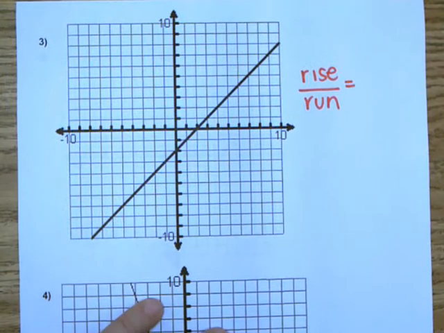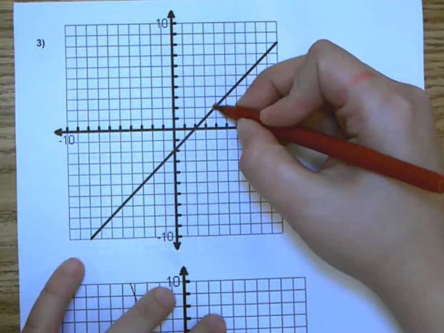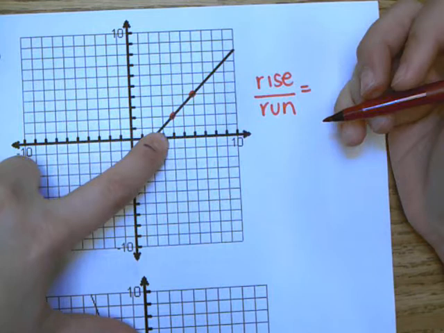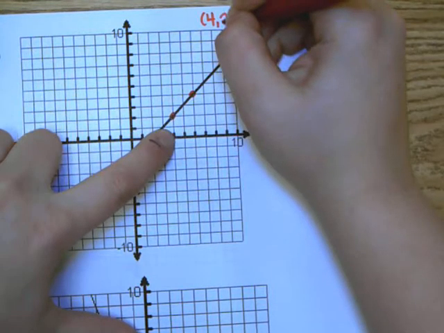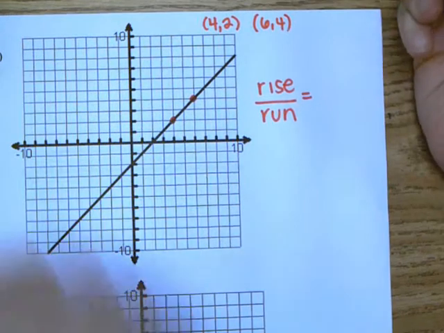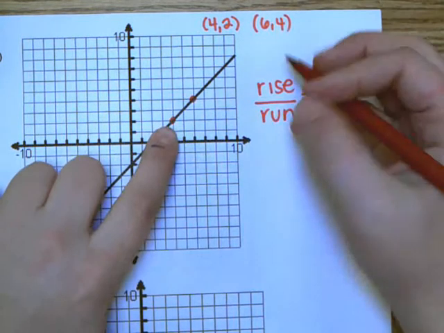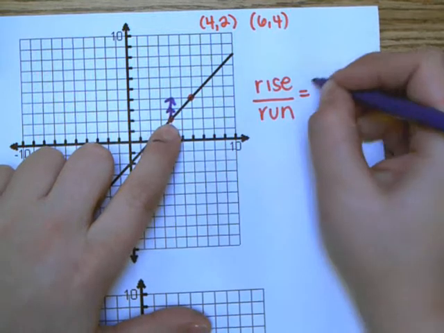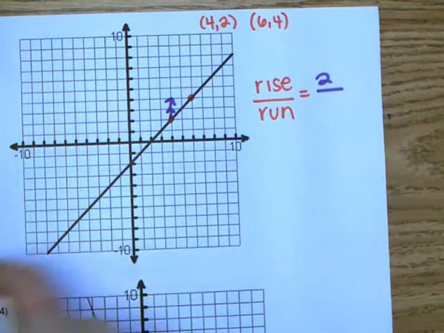Okay, let's take a look at example 3. So we're going to pick 2 points, any 2 points. I'm going to pick this one, and I'm going to pick this one. So I picked 4, 2, and I picked 6, 4. Those were the 2 points I picked.